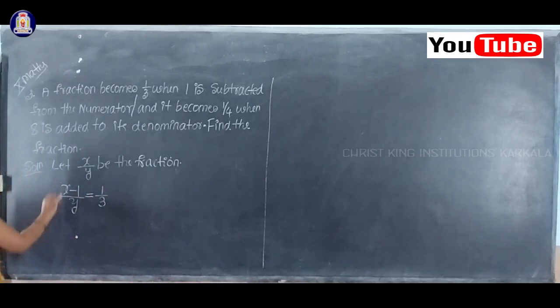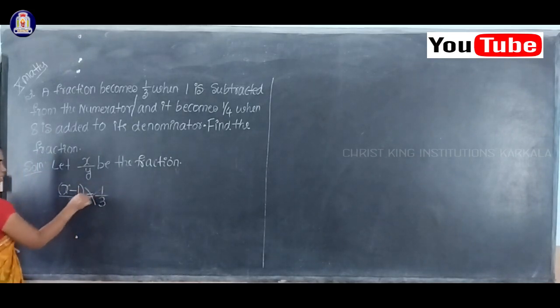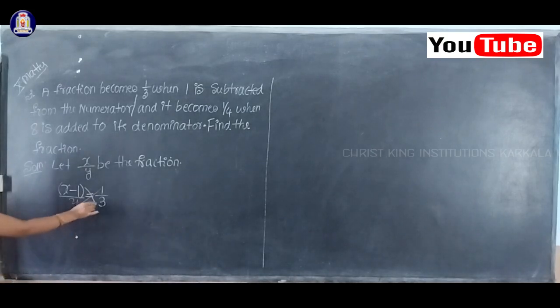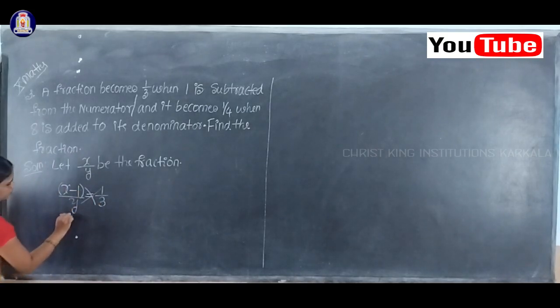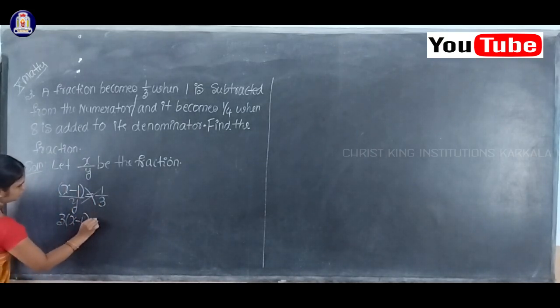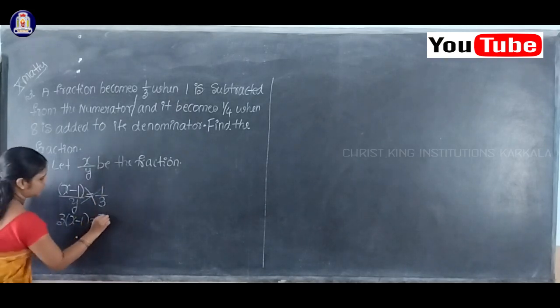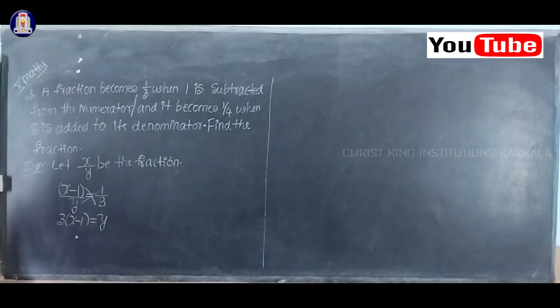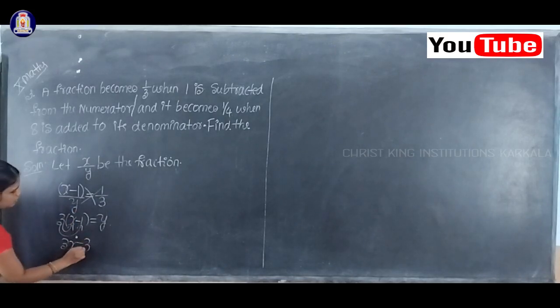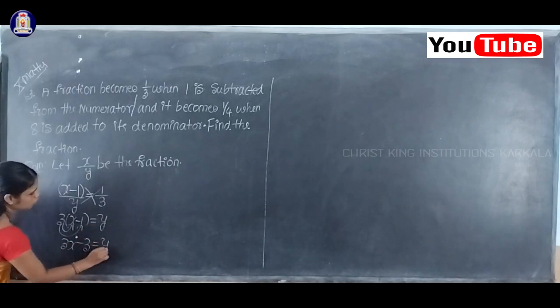Now I'll do the cross multiplication. 3 into x minus 1 equals 1 into y, which is y itself. Simplifying, 3 into x is 3x, 3 into minus 1 is minus 3, equal to y.